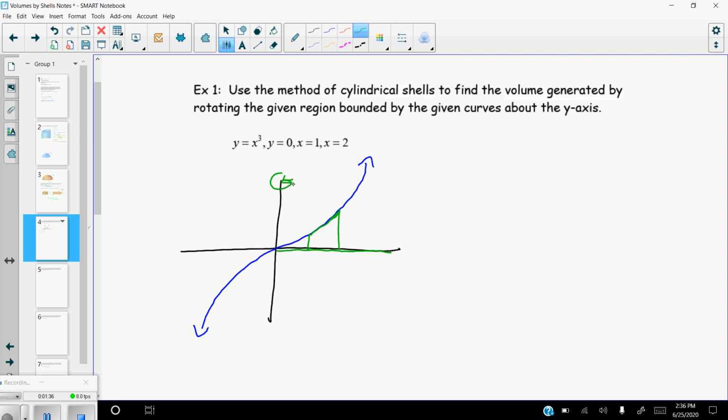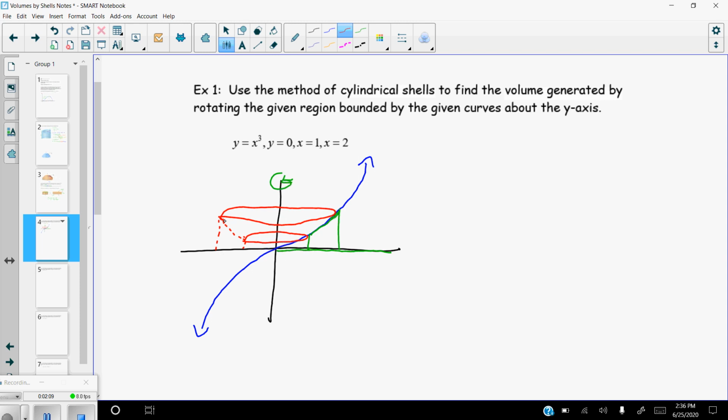But for this one, we're going to do the method of cylindrical shells because that's what it's asking us to do. So if we were to draw what this thing looks like, rotating around the y-axis, we're going to get something on the other side, which looks like this. And then it's going to come around here like that.